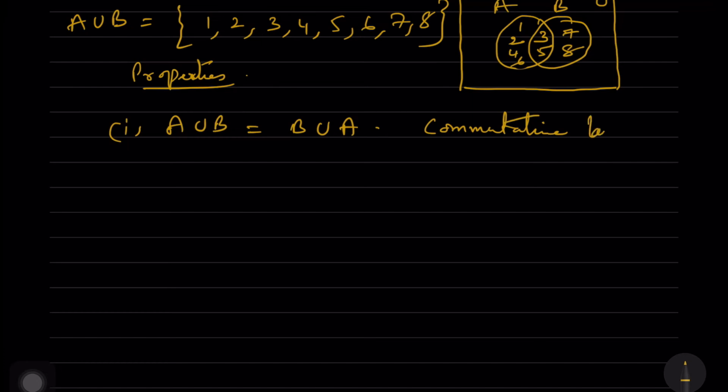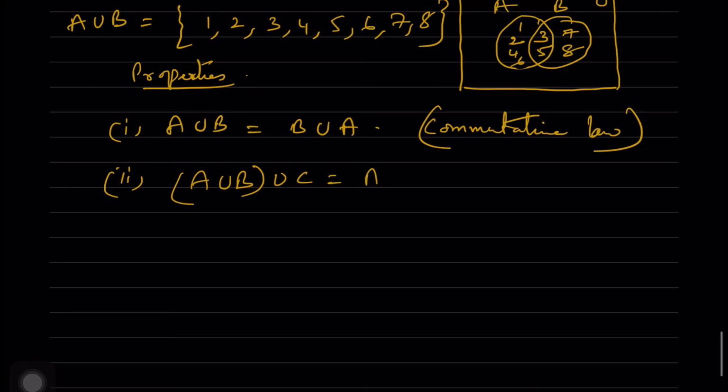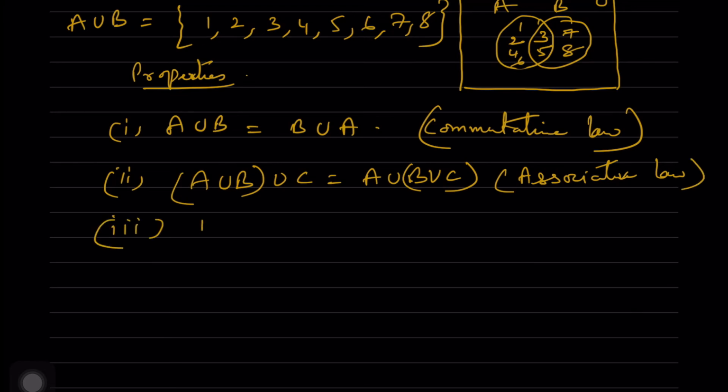Second, A union B union C is equal to A union B union C. This is associative law. Then you have what is called the identity law, where A union phi is equal to A. Phi is the identity element.